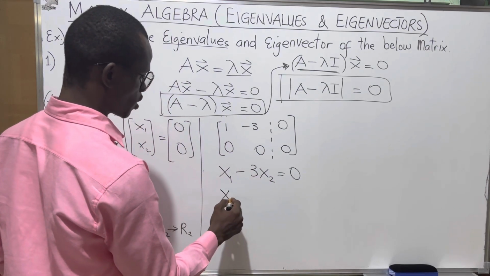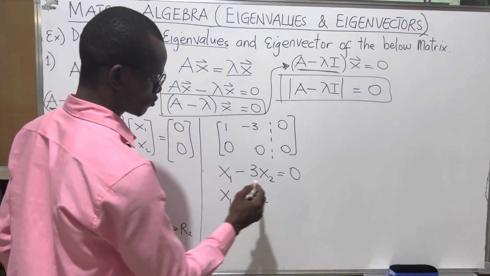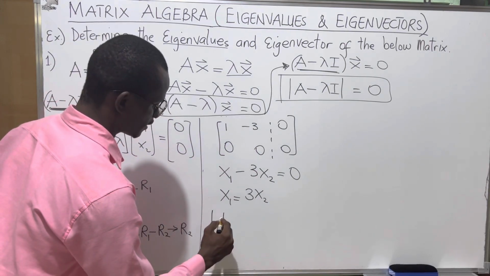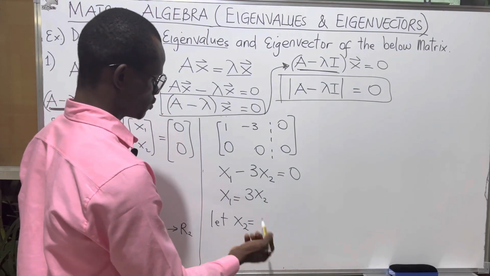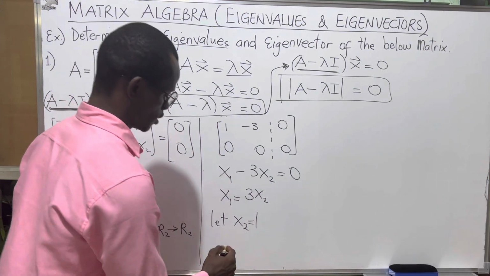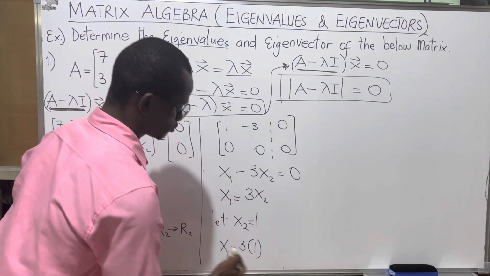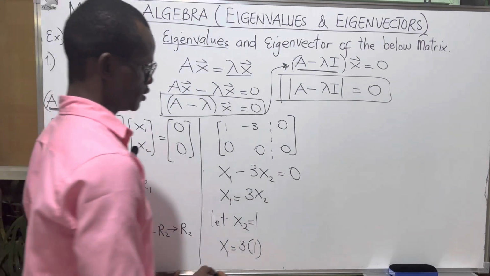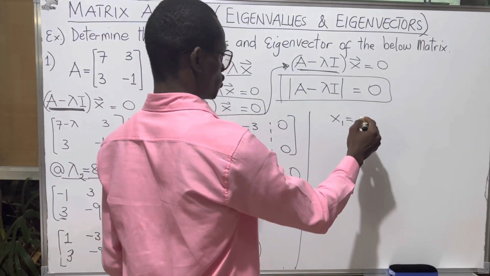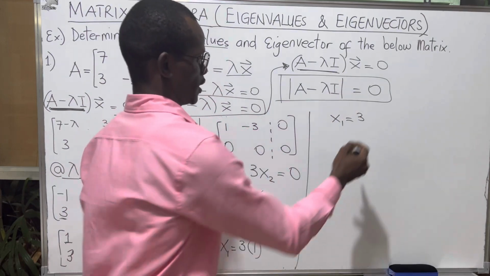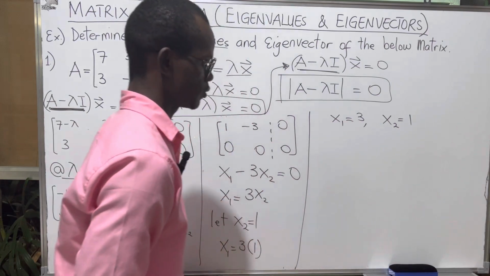So we solve for x1, and then we have positive 3x2. So now we can say let x2 equal to 1. So x1 now will be 3 times 1. Therefore, we will have x1 equal to 3. And then we know that x2 is equal to 1.